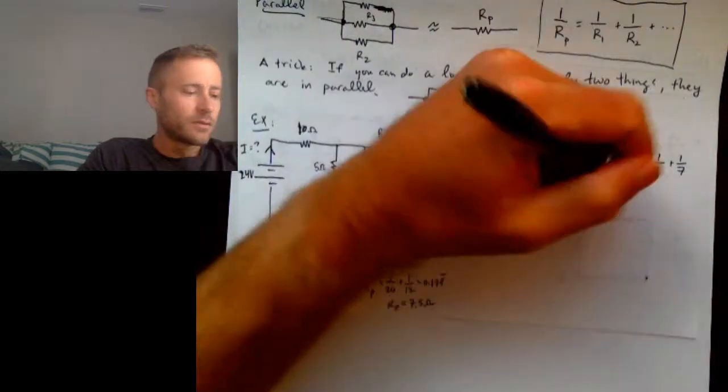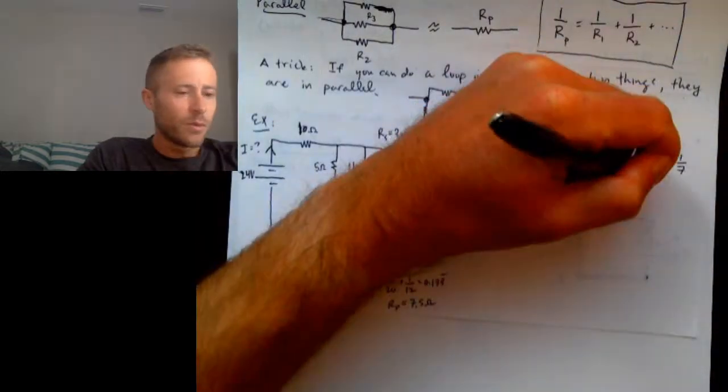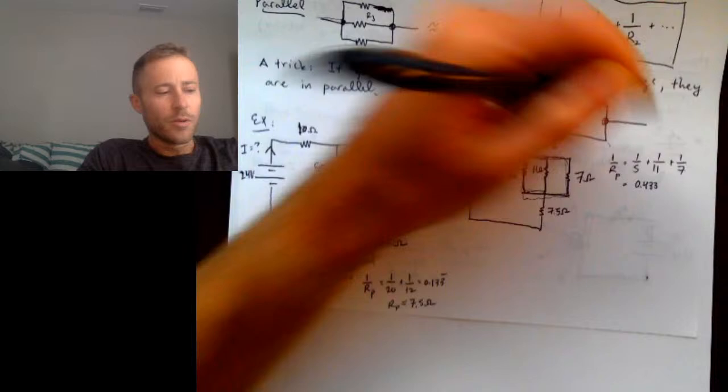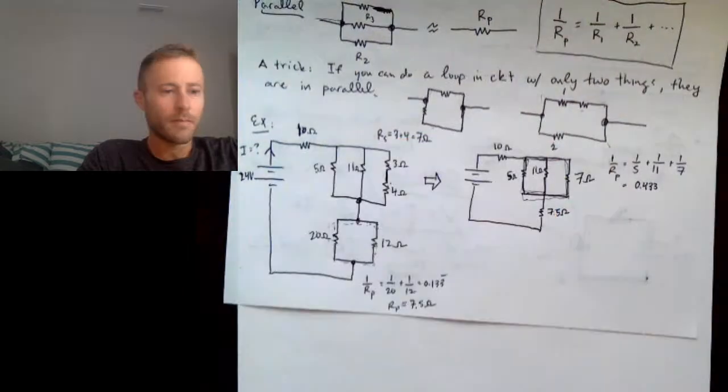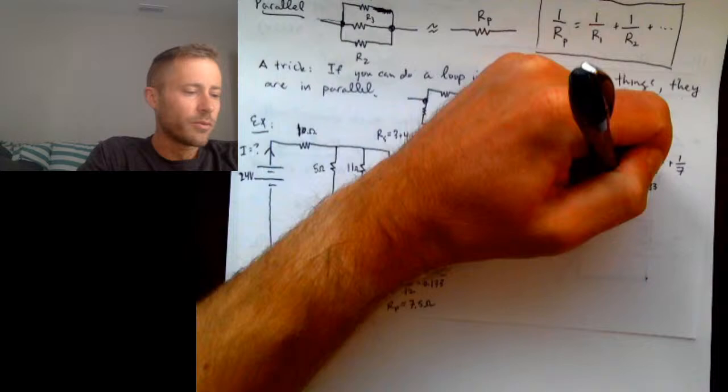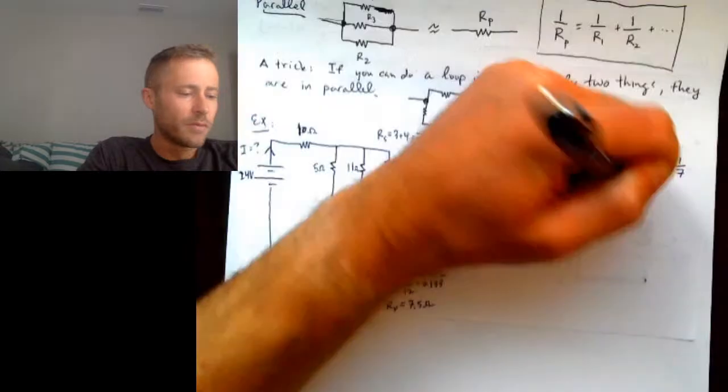And that's 0.433. But remember, I have to do the inverse of that because this is the equation for 1 over r sub p. So that's 2.3. R sub p is 2.3 ohms.